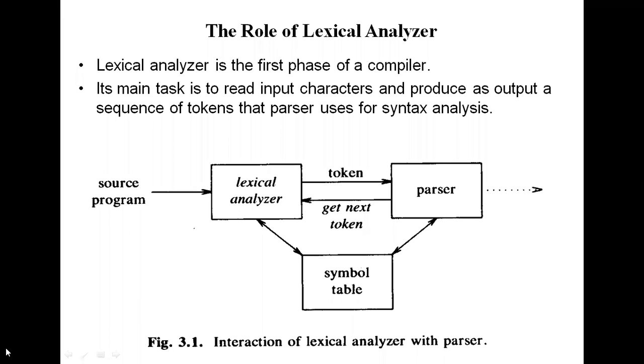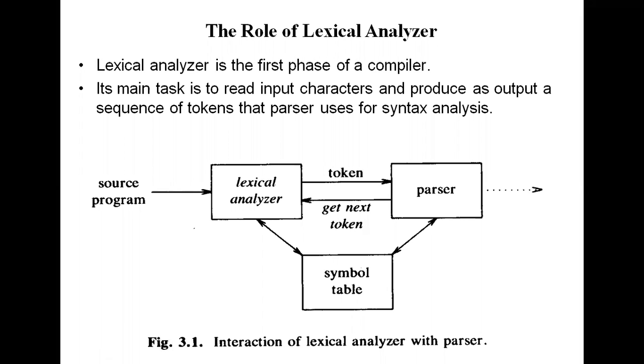Initially we take a source program and give it to the lexical analyzer, which scans the input program from left to right, reading character by character and generating a sequence of tokens. Each character is converted into a token, and that token is sent to the parser. The parser then asks the lexical analyzer for the next token.